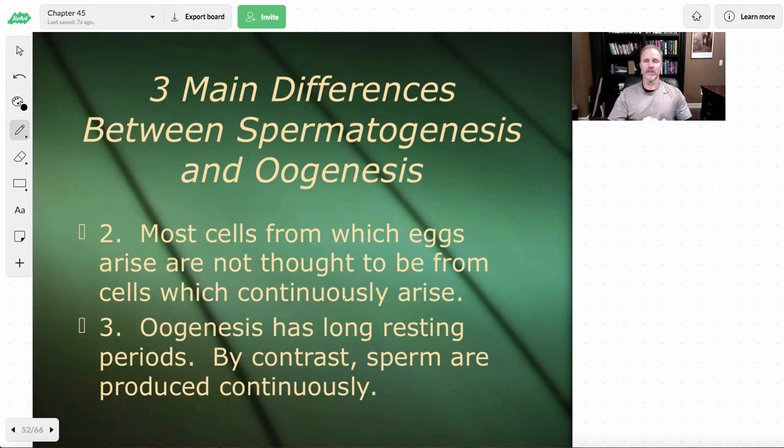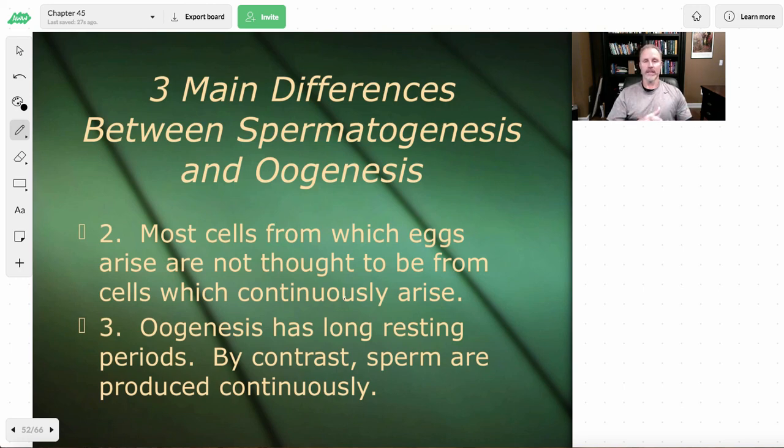There is some research that suggests that there might be some stem cells that would give rise to new eggs, but for our purposes, the conventionalism prevails, that the woman is born with all of the eggs that she'll ever have, and they're not continuously arising like the sperm are in the male.